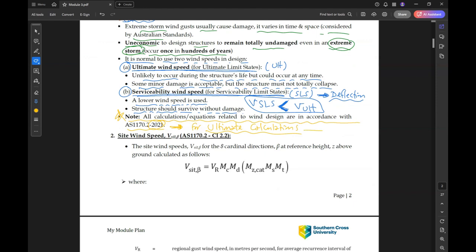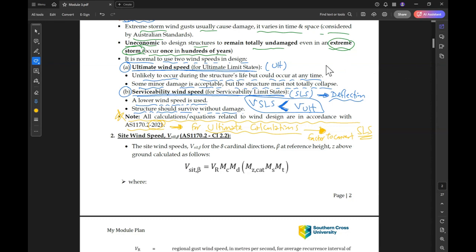So we need to use a conversion factor to convert to serviceability. If you want to check or design for serviceability, you need to convert the values you got from the Australian standard using a factor. We will talk about this factor later.